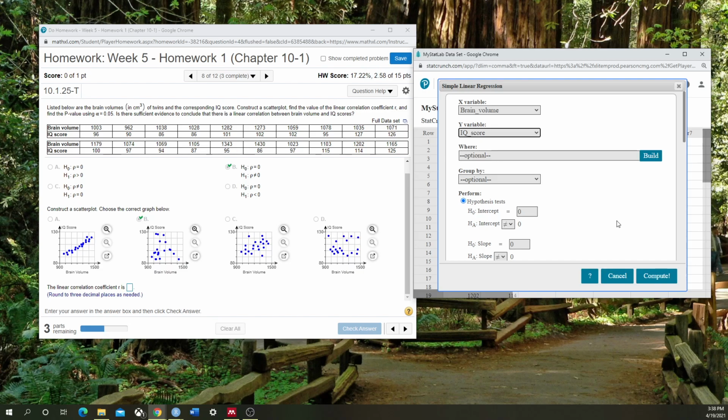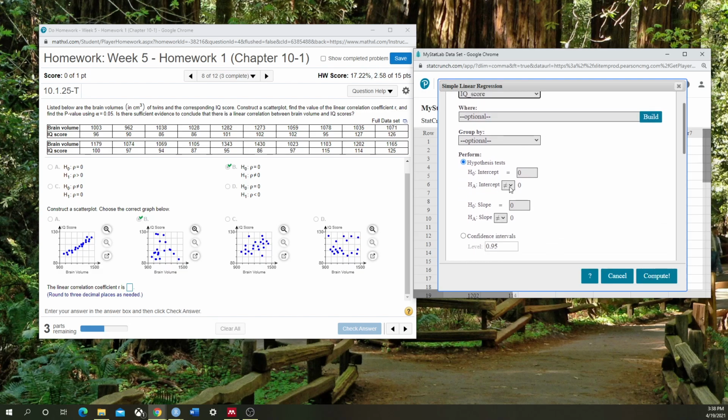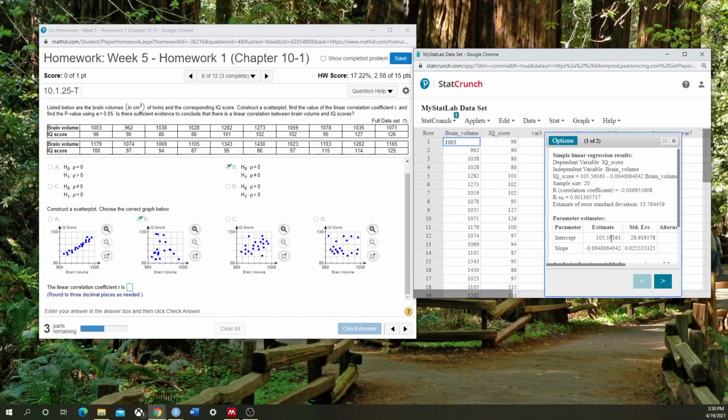It's important that we know what's predicting what. Whatever's on the y-axis is what you're trying to predict, and we're trying to predict IQ score. This is correct. Don't worry about all that. It hasn't asked you anything about that yet.